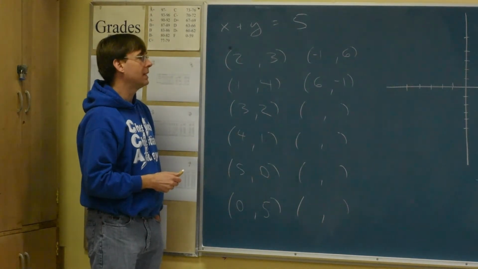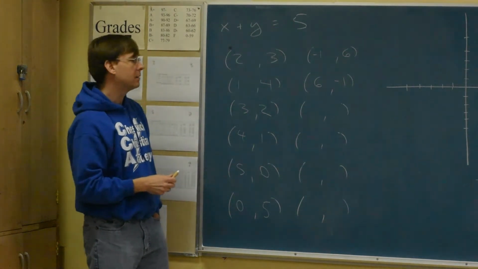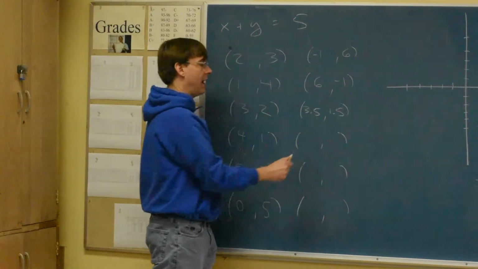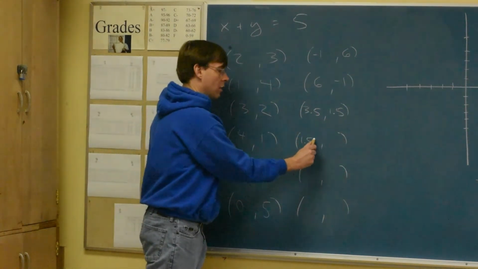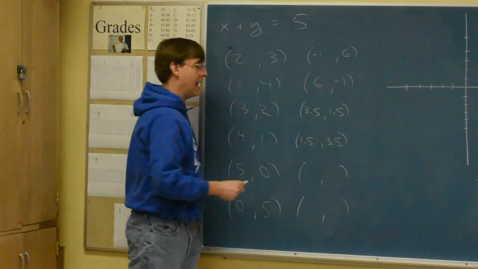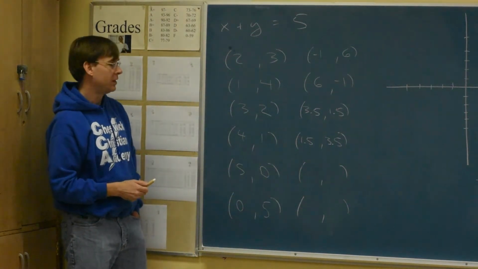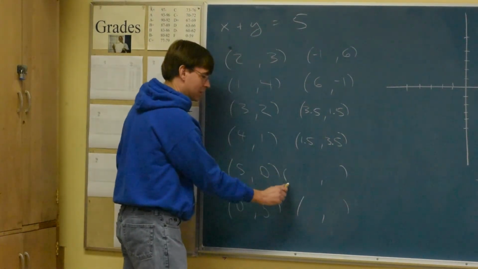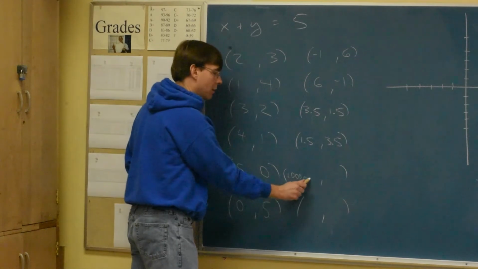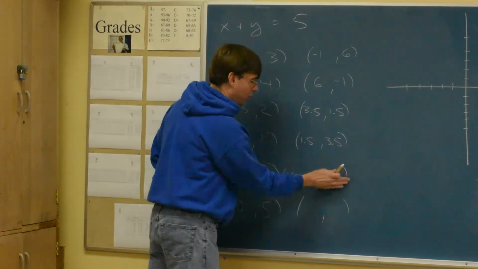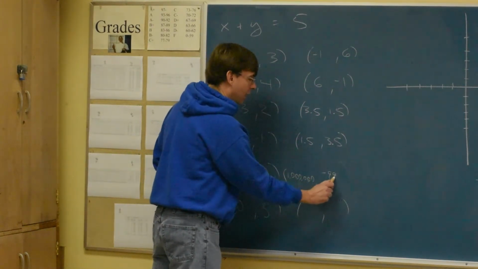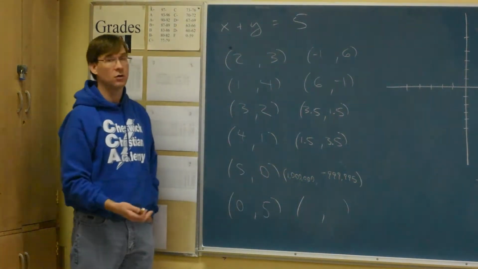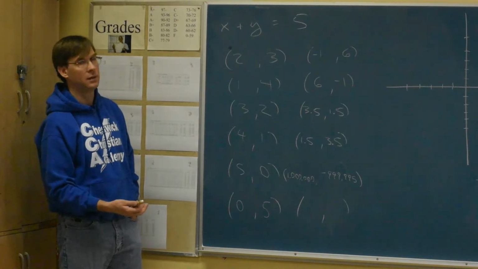Or somebody might say, hey, we could do like decimals, 3.5 and 1.5, or do that backward. And soon you realize there's no end to this. Somebody might even suggest eventually, as people sometimes get silly, let's do 1,000,000 paired up with negative 999,995. Yeah, that's true. Okay, there would be no end to these.